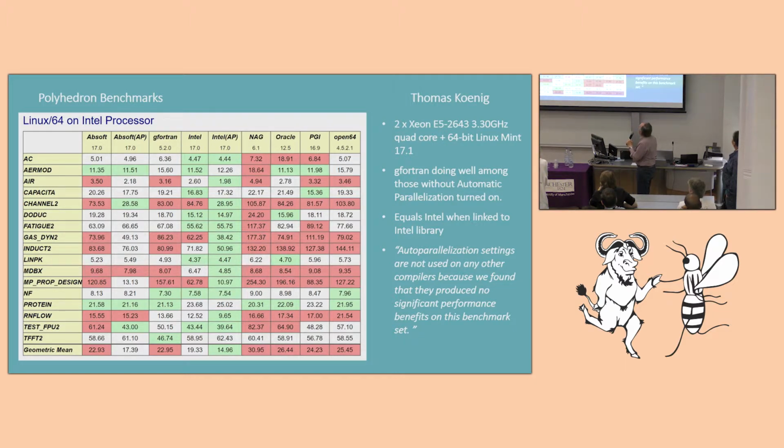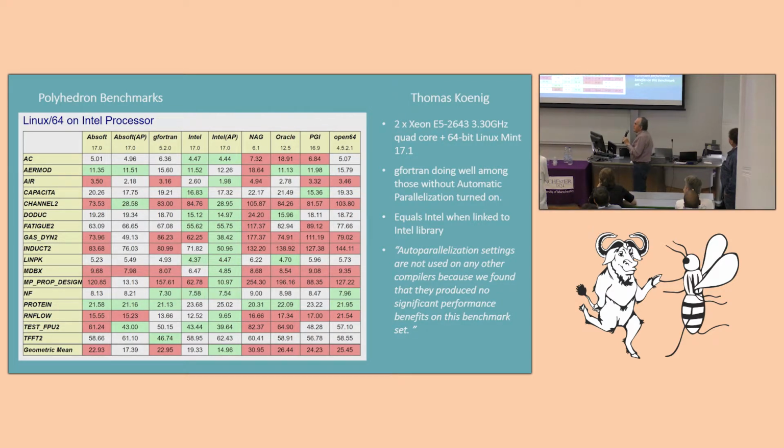You will see a variety of brands at the top there, and the two to keep your eye on in the third and fourth columns are Gfortran and Intel without the automatic parallelization. There is a tendency for professional users of Fortran to use Intel in the office and Gfortran at home, and they rely on the fact that they're pretty much the same level of development and also have pretty much the same overall performance if you look down at the geometric mean of performance.